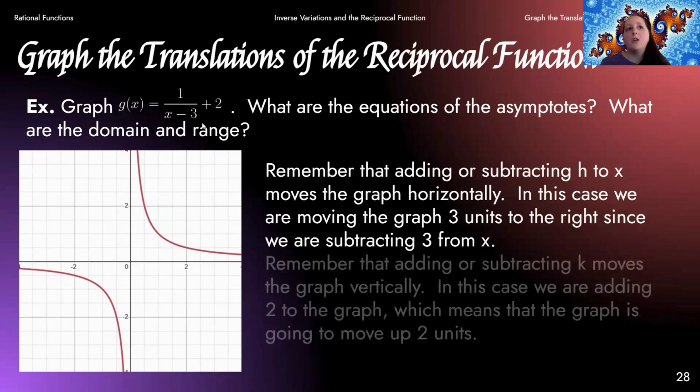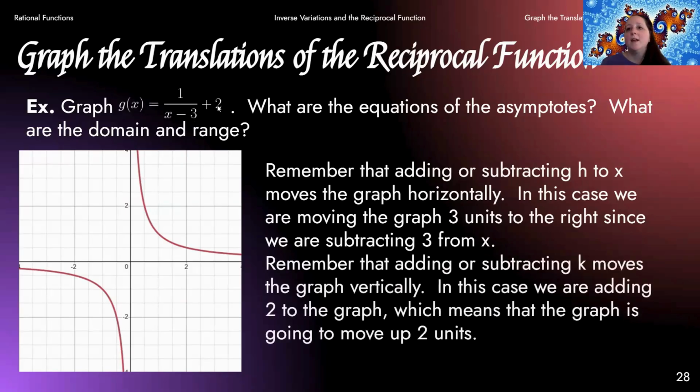I also have this plus 2 on the end. Remember that when we're adding or subtracting k, it moves the graph vertically, up or down. In this case, we're adding 2, which means the graph is going to move up 2 units. So I'm going to move these asymptotes, which were originally at x equals 0 and y equals 0, over 3, and then go up 2.